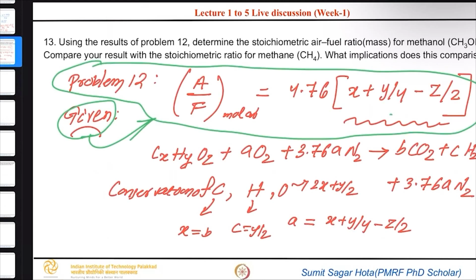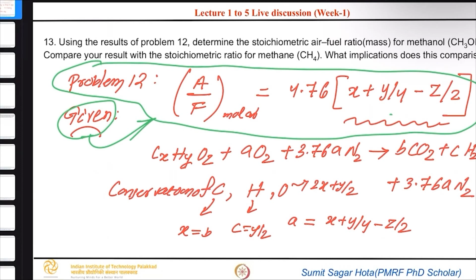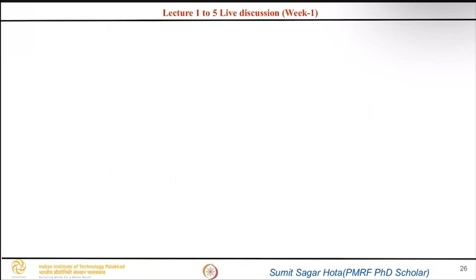Now, in the question, we know what the fuel is: CH3OH and CH4, given in problem number 13. So we now jump to problem number 13, which is our objective to solve. Now, what are the things given?